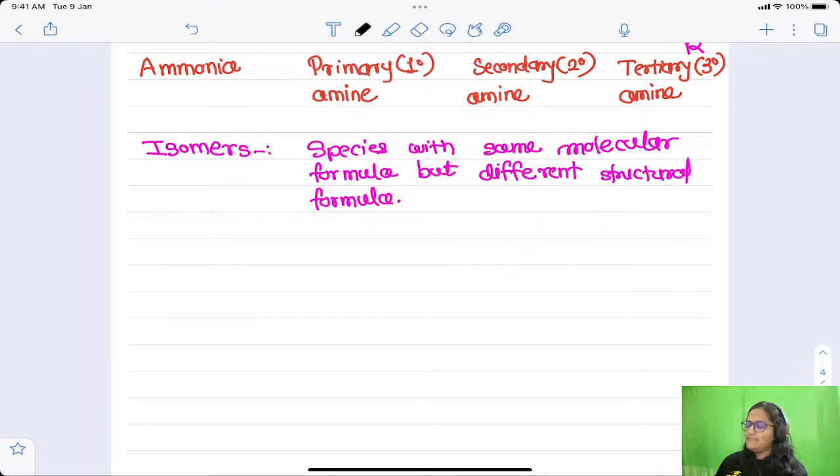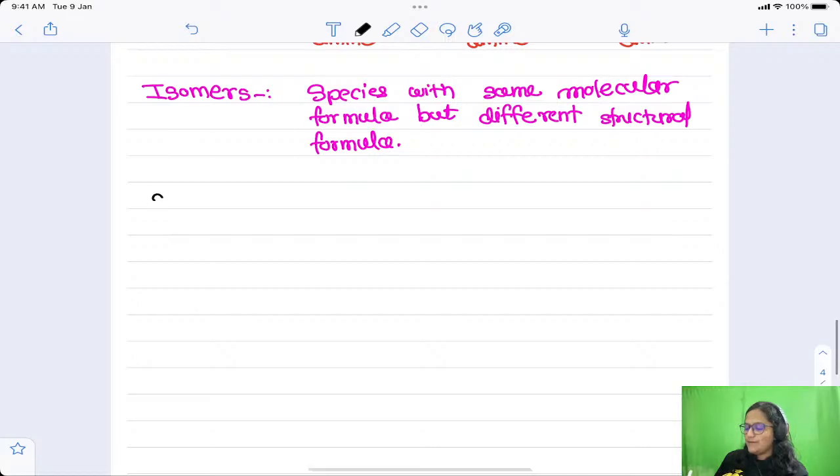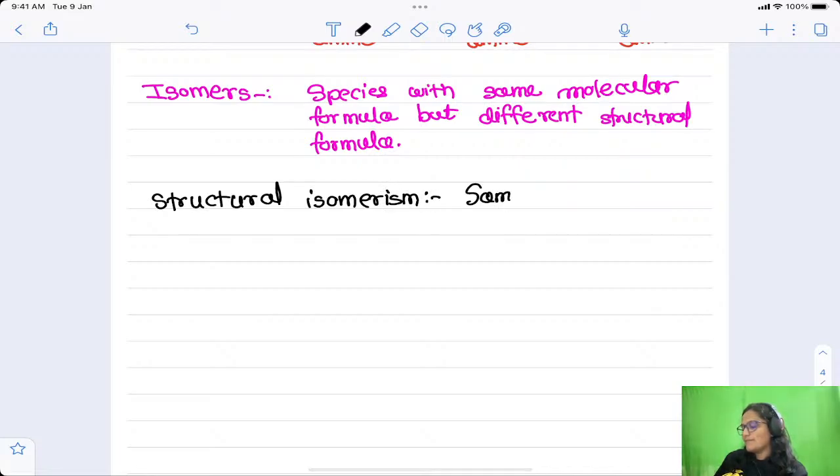Let us see the different types of isomerism shown in amines. The first type is structural isomerism. Structural isomerism means the same molecular formula but different structure.